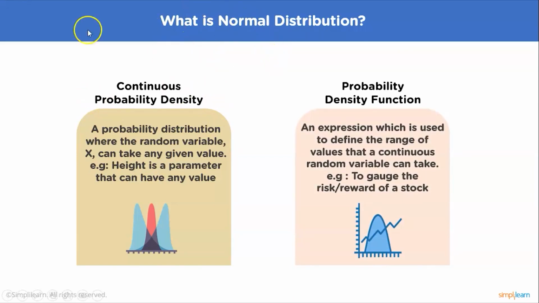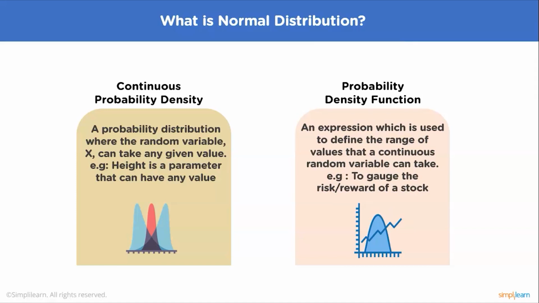Next, we have the probability density function. It's nothing but a function or an expression which is used to define the range of values that a continuous random variable can take. An example of this would be to gauge the risk and reward of a stock. A probability density function is a statistical measure which is used to gauge the likelihood of a discrete value.